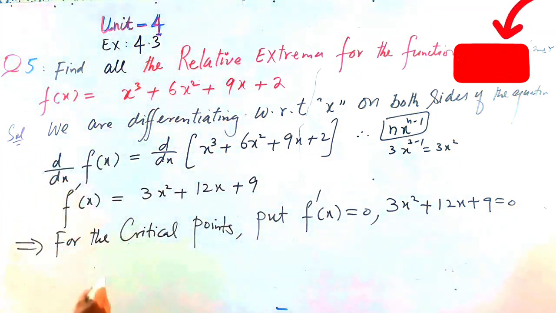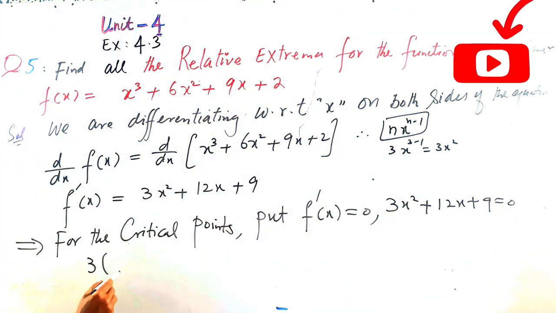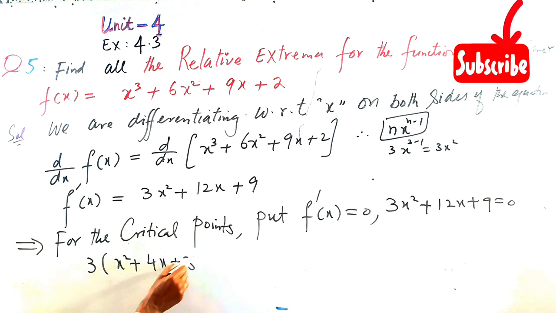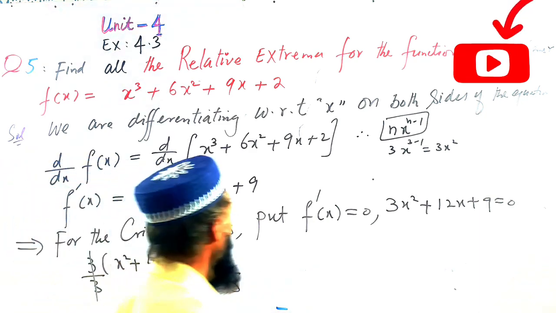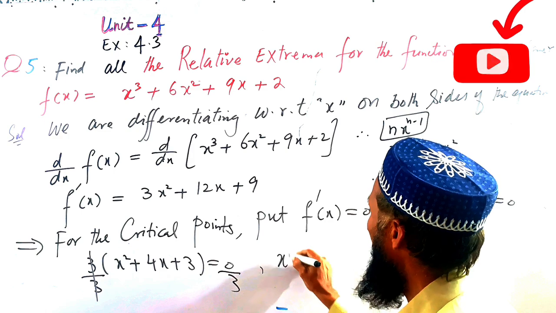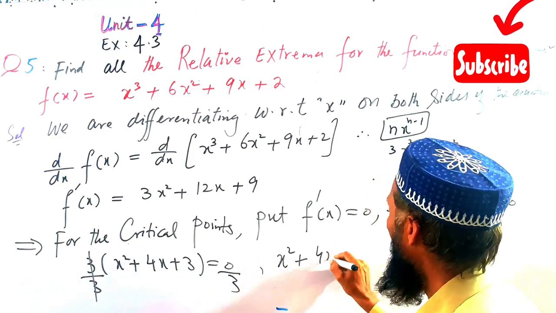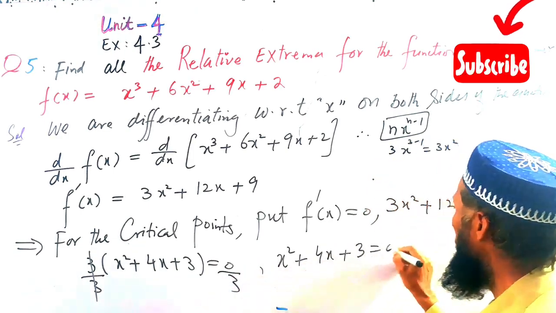Here 3 is common, and we get x square plus 4x plus 3 is equal to 0, dividing both sides by 3. We get here x square plus 4x plus 3 is equal to 0.